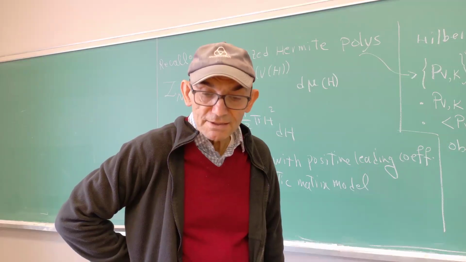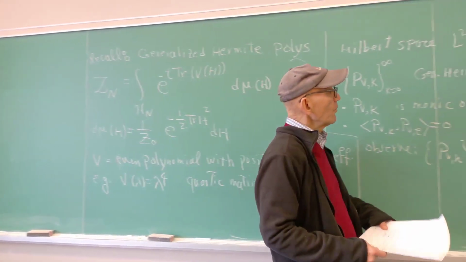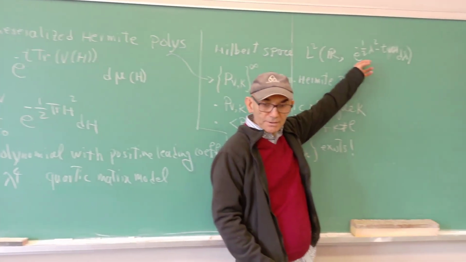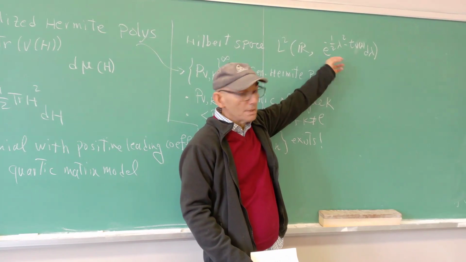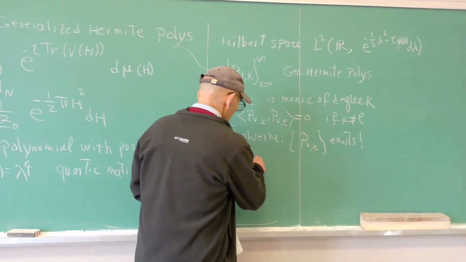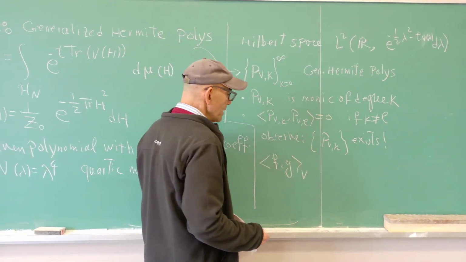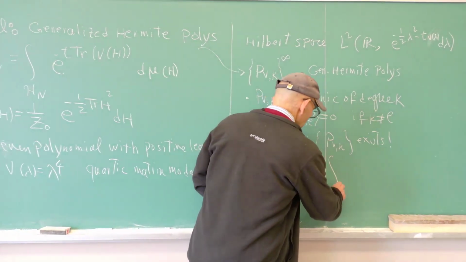Is there a way to construct them, like with the Gram-Schmidt algorithm from the monomials? Yes, absolutely, that's the method. We use this inner product, denoted by the inner product with respect to V, equal to the integral of the exponential of minus 1/2 lambda squared minus t V of lambda, d lambda.